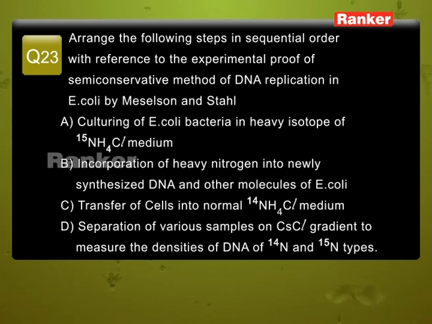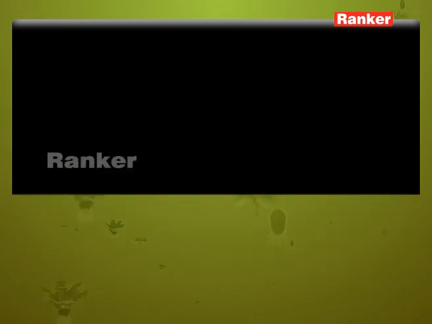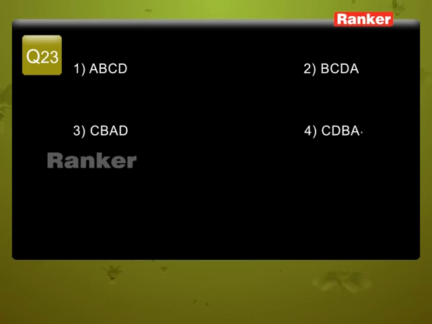C. Transfer of cells into normal N14H4Cl medium. D. Separation of various samples on CsCl gradient to measure the densities of DNA of N14 and N15 types. Options: first one A, B, C, D, second one B, C, D, A, third one C, B, A, D, fourth one C, D, B and A.